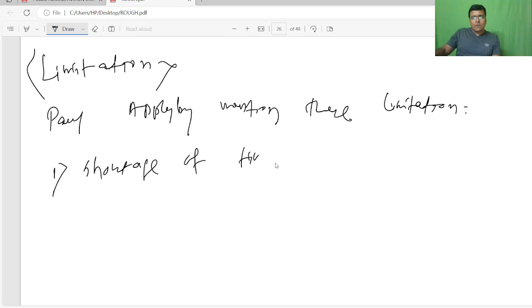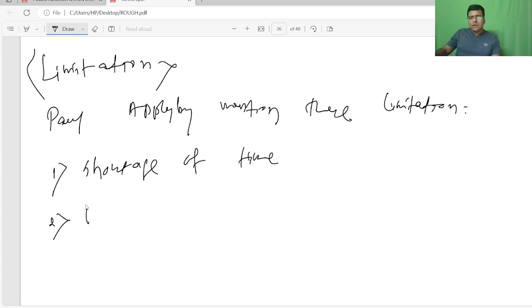Shortage of time. You always know Parliament faces shortage of time because Parliament sits for three sessions: budget session, winter session, monsoon session, and most of the time is wasted on conflict. So it literally gets very little time for discussion.